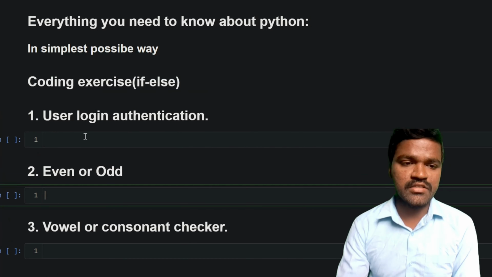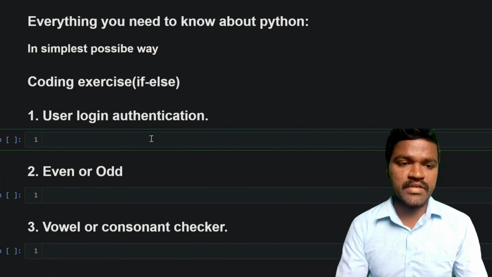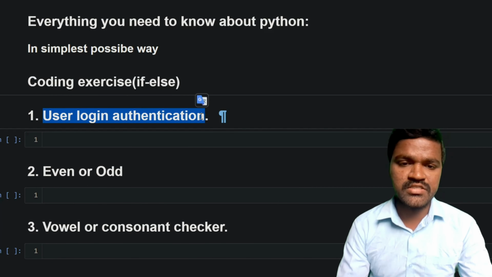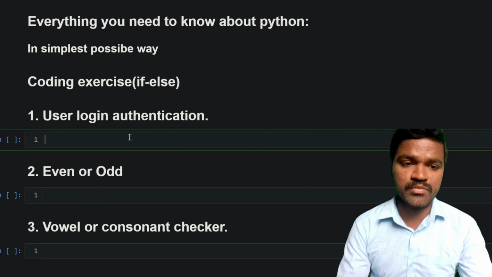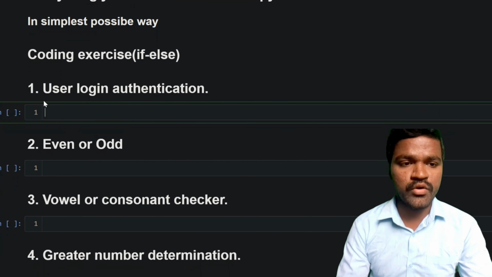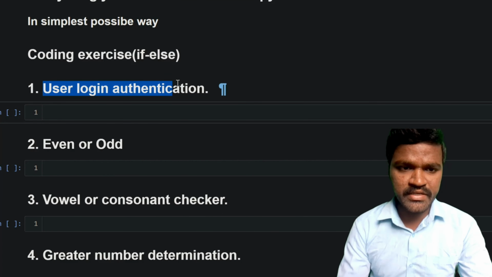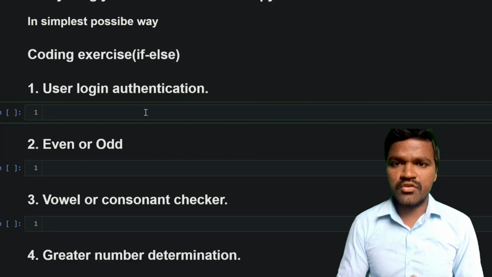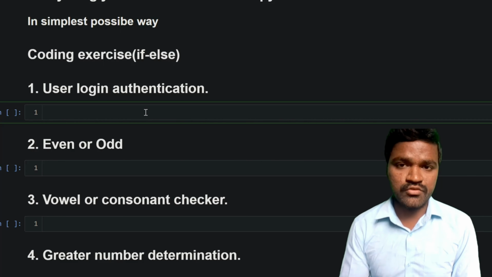So having said that, let us go ahead and solve the problem here. For this problem, I haven't given the description, so I will explain what exactly the problem statement is. The problem statement is user login authentication. Whenever you want to log in to any website, you enter your username and also your password.